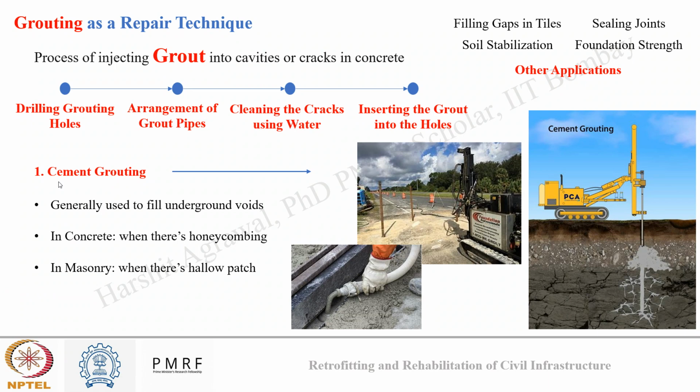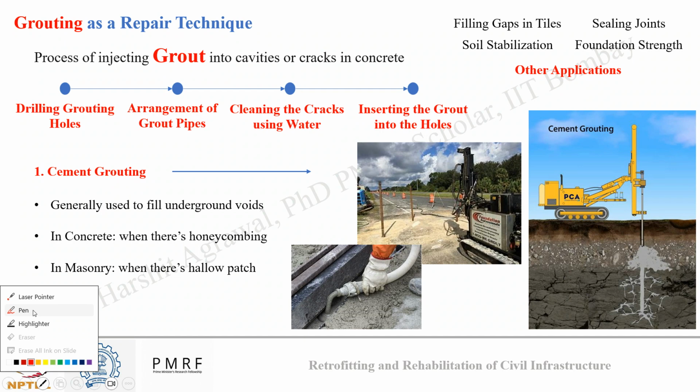My crack can extend to the surface, or it may be internal also. Some cracks coming to the surface may be very wide, taking the shape of spalling or delamination, or some cracks can be very narrow and distributed also. So for ease and effectiveness of repair for filling these cracks in concrete, usually grouting is used.